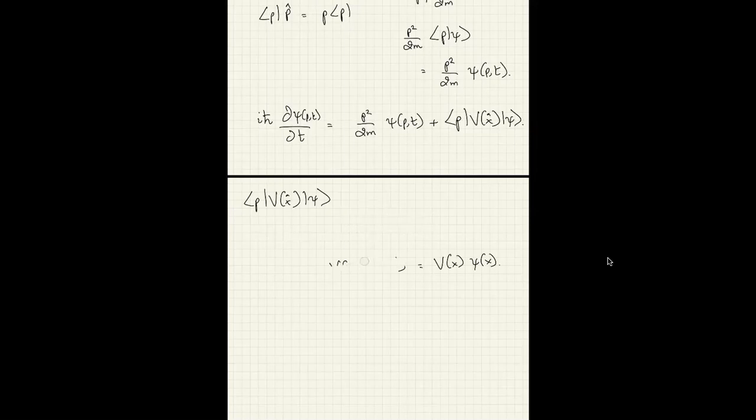Well, let me use my knowledge of the x representation and introduce two complete sets of states. I will introduce one complete set of states here and one complete set of states here.